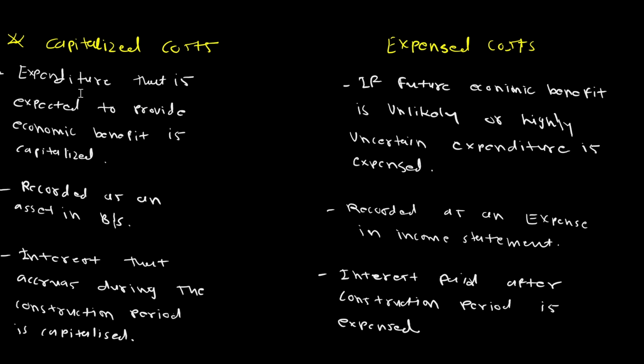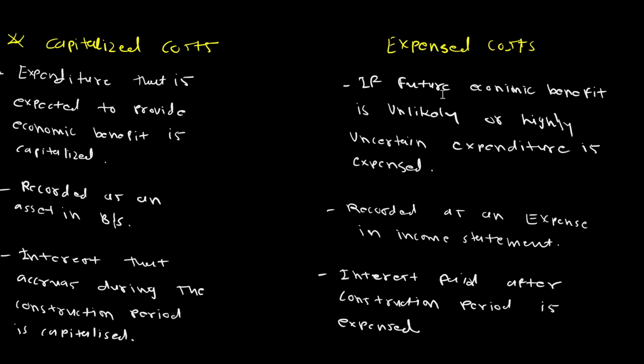So expenditure that is expected to provide economic benefit is capitalized. If a company's expenditure is expected to provide its economic benefit for a longer time, then the company capitalizes it.